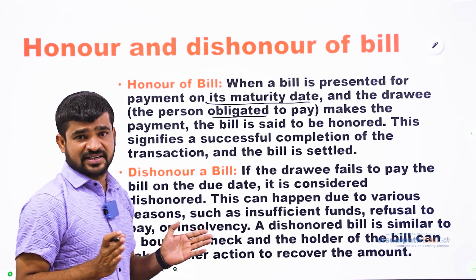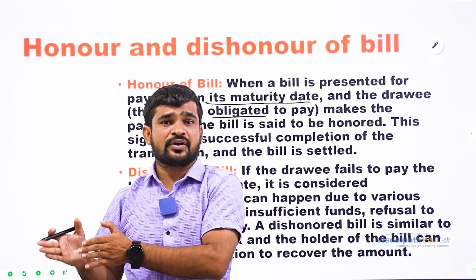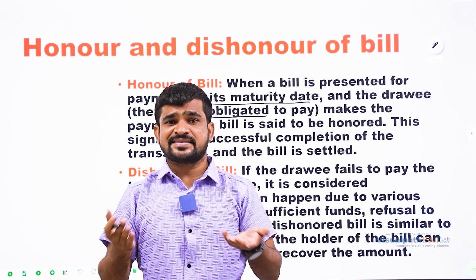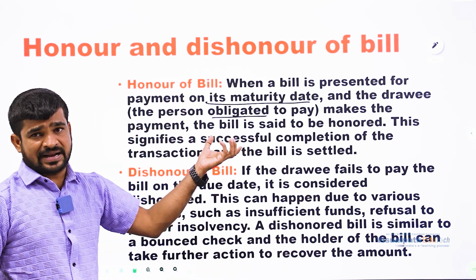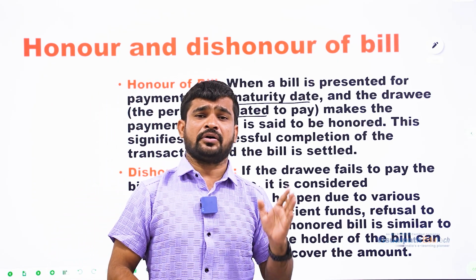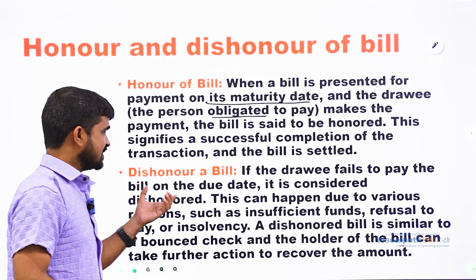When the transaction is settled, it means whatever due amount is there is paid by the drawee to the drawer according to the maturity time period and the commitment. Then the transaction is successfully completed, and it is called honor of bill. In case the drawee has not paid according to the maturity date, that will be called dishonor of bill. Same thing we discussed.